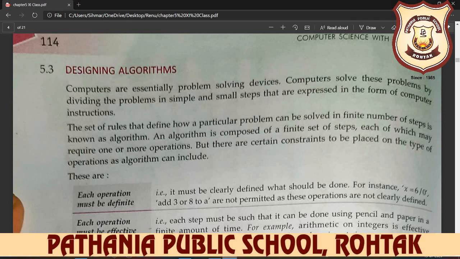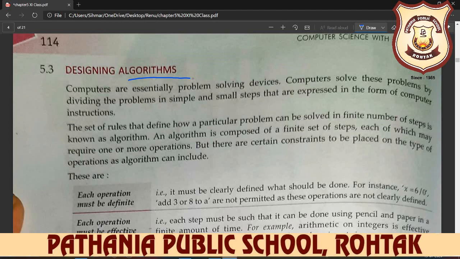In previous lectures, we learned the problem solving cycle and the steps of problem solving. Today we learn designing algorithm. In chapter number 5, we have learned the problem solving cycle, problem solving steps and substeps, algorithm, flowchart, and pseudocode.